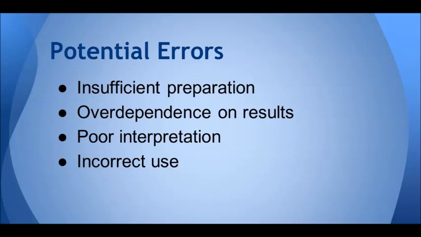We don't want to be over-dependent on results and rely on the assessments too much. We need to also take into consideration that an assessment can only evaluate so much information, and we may need to use another assessment, or we may need to simply be asking our own questions and taking in information that the client gives us in a narrative.